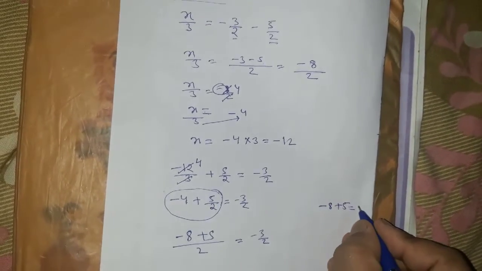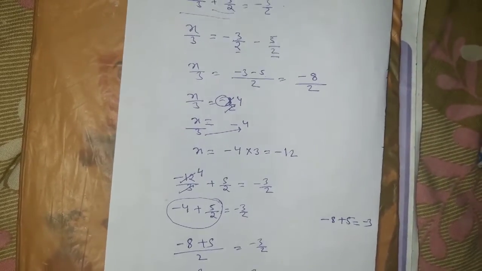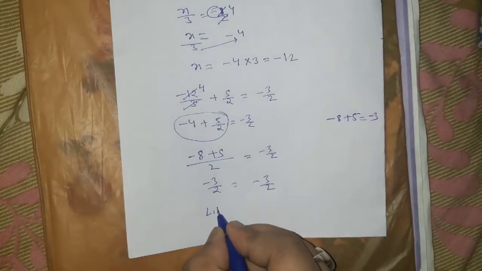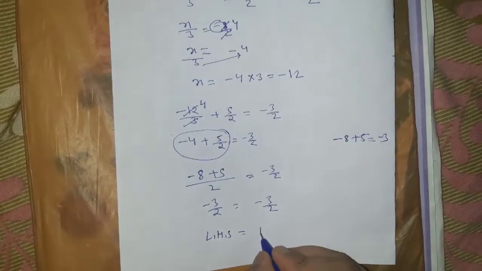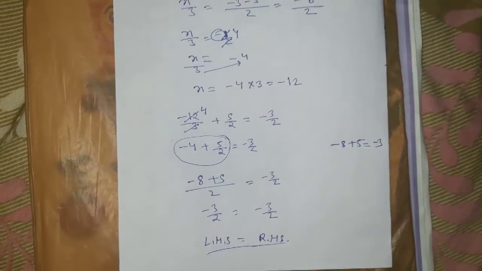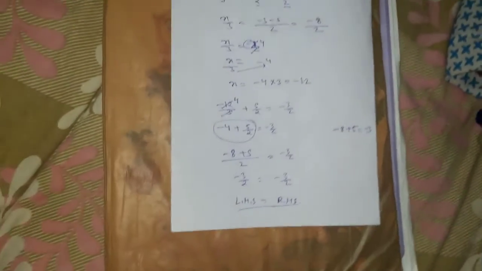Minus 8 plus 5 will be minus 3. So minus 3 by 2 equal to minus 3 by 2. Therefore LHS equal to RHS. So this equation is also proved.